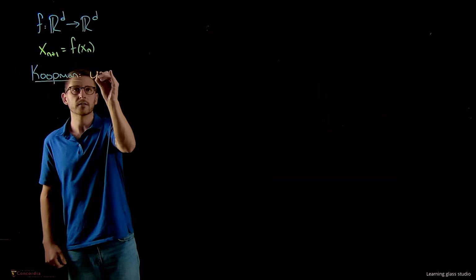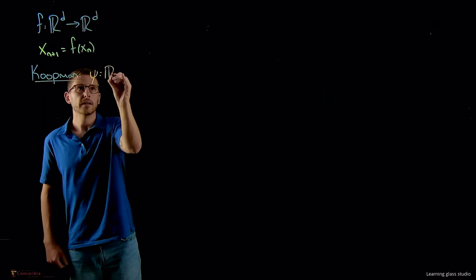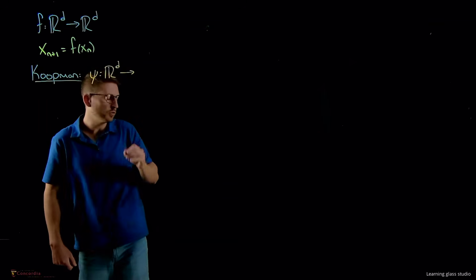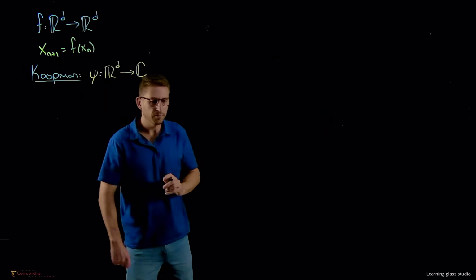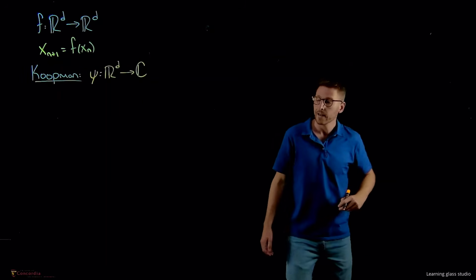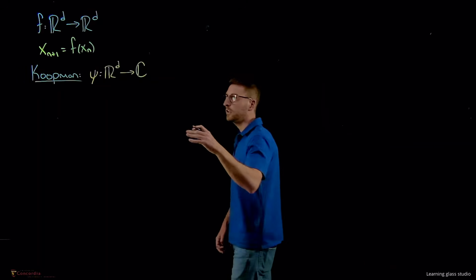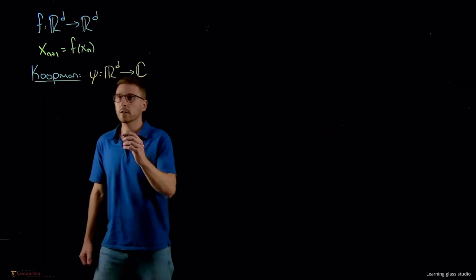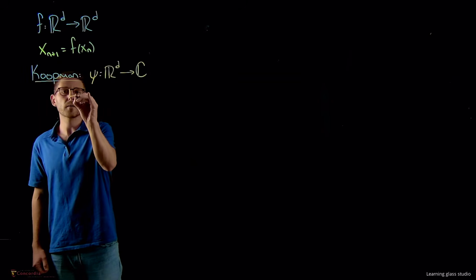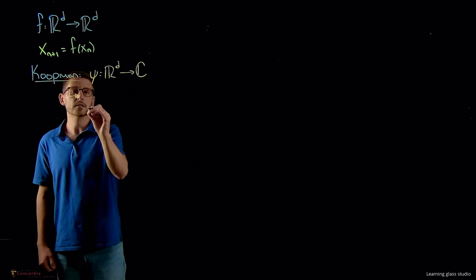So remember, I take some function, I'll call it psi. It's a function from R^d into potentially the complex numbers or just any sort of scalar field, for those that are feeling very mathy behind the screen today. The real numbers, the complex numbers, it doesn't really matter. But what it does is the Koopman operator evolves the system.